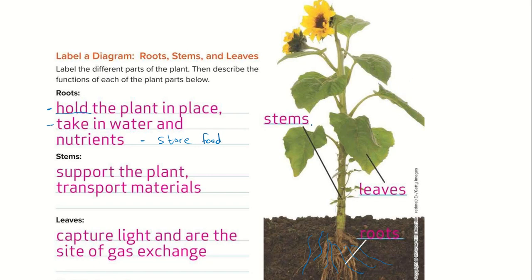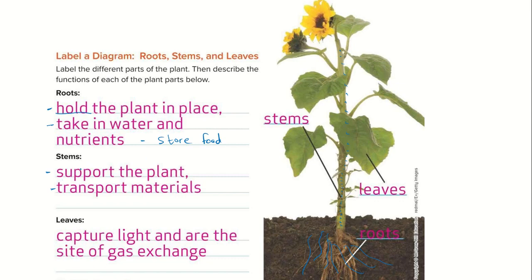Then we have our stem. After the water goes into the root, it has to move up the plant. And it does that in the stem. So the water goes up the stem through tubes. So the stems do two things. They transport materials, the water and the nutrients from the root, and also it supports the plant.